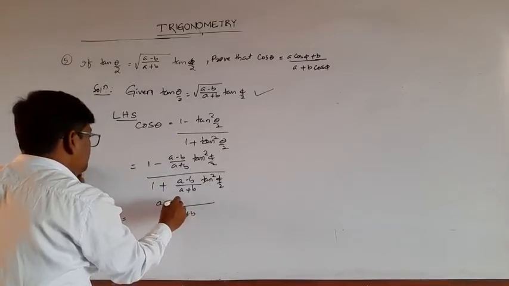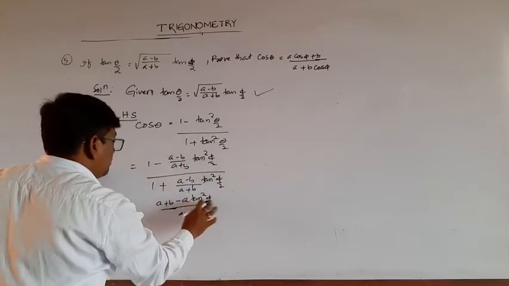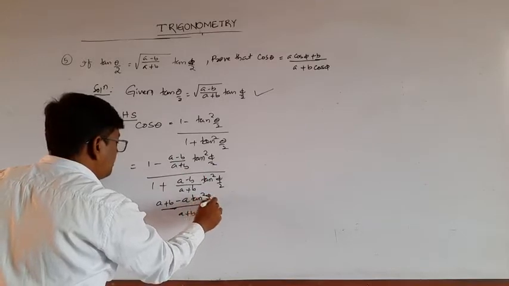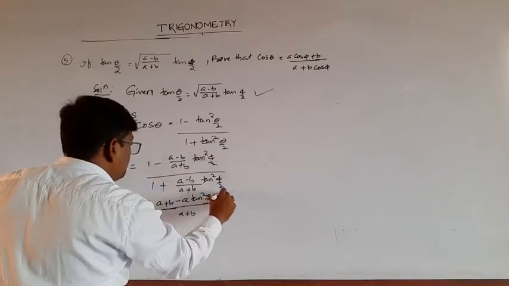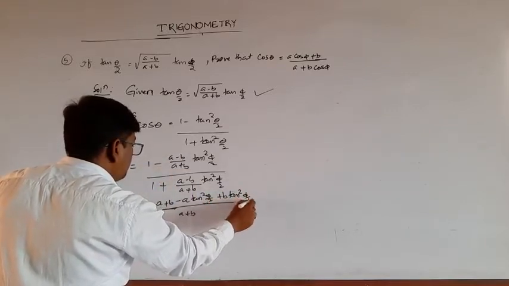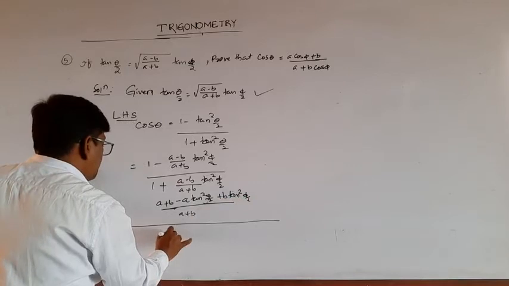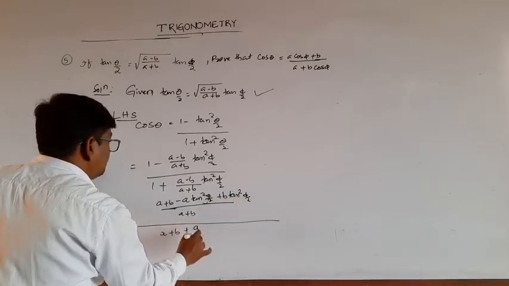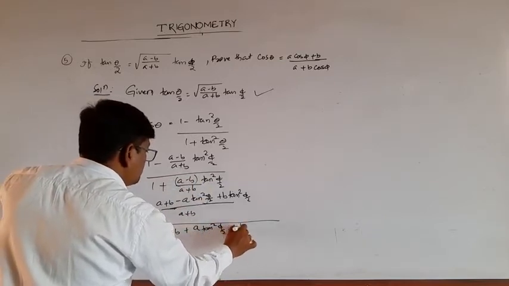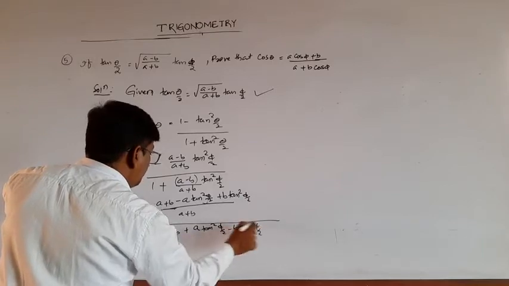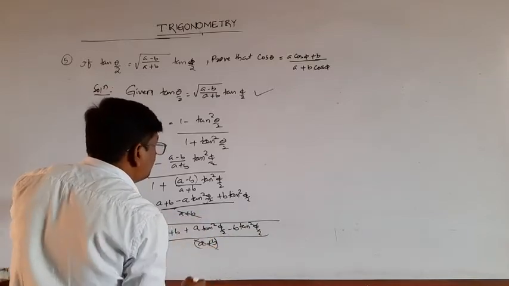So (A plus B) minus (A minus B) into tan² φ/2, whole divided by the same concept: (A plus B) plus (A minus B) tan² φ/2. The (A plus B) cancels here.